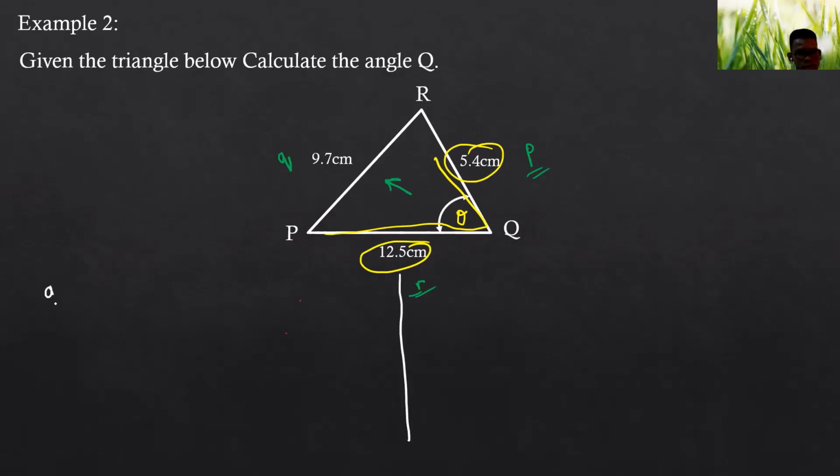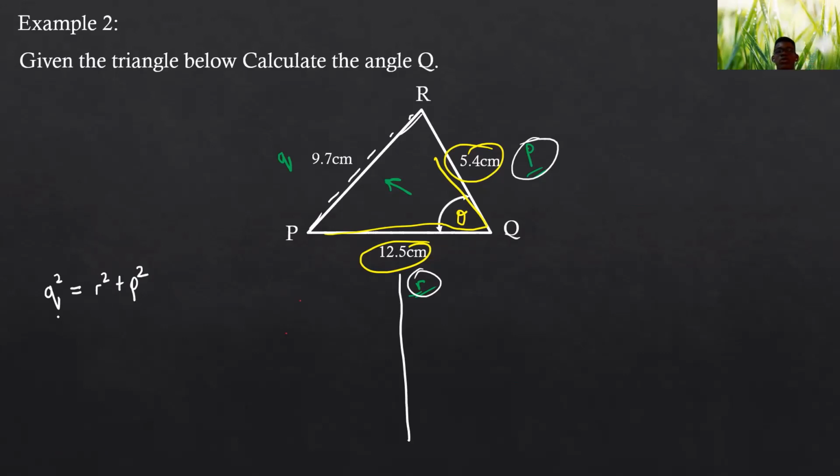Q squared, the side we would have wanted to find squared, is equal to the sum of the squares of those two sides on our V. So R squared plus P squared.